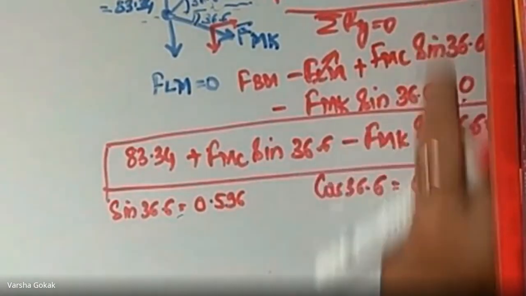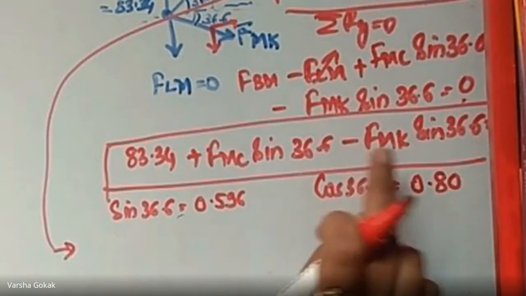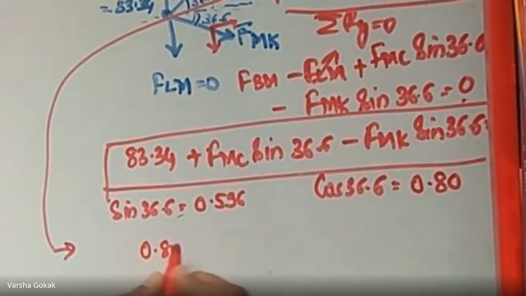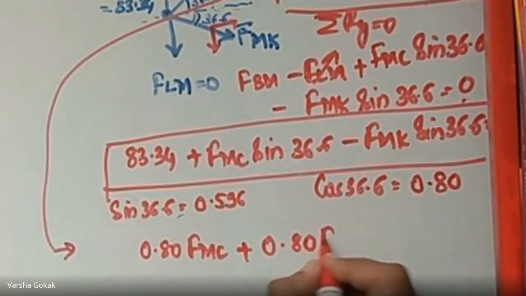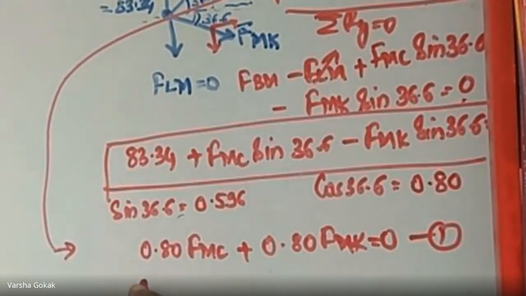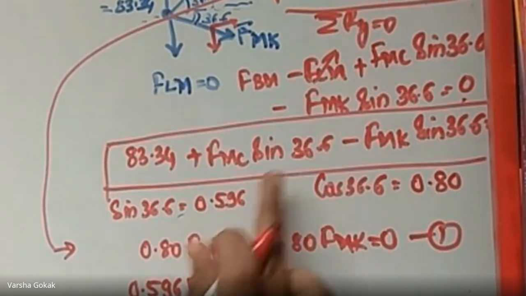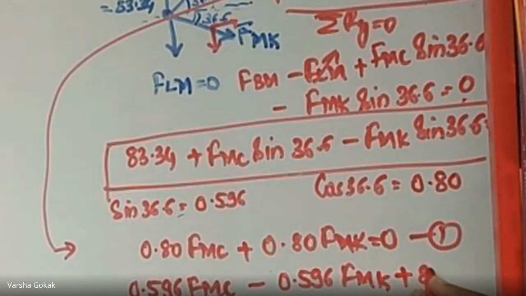So your first equation will now become 0.80 FMC plus 0.80 FMK equal to 0. This is your first equation. Now I'll go to this. So sine 36 is 0.596. So 0.596 FMC minus 0.596 FMK plus 83.34 equal to 0. This is your second equation.